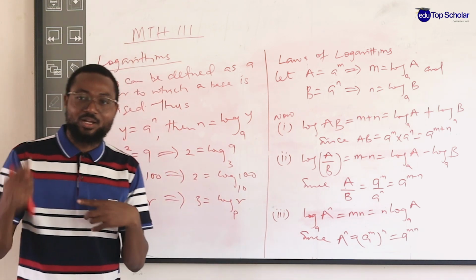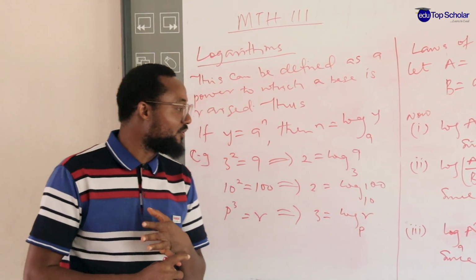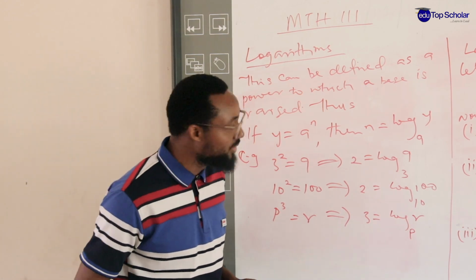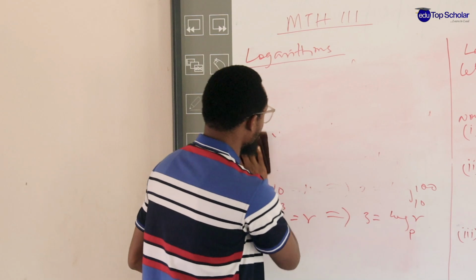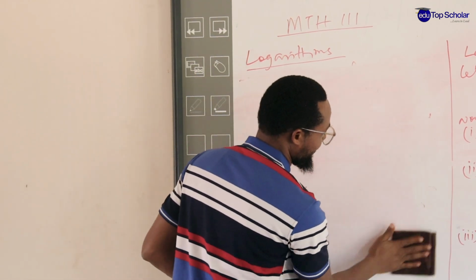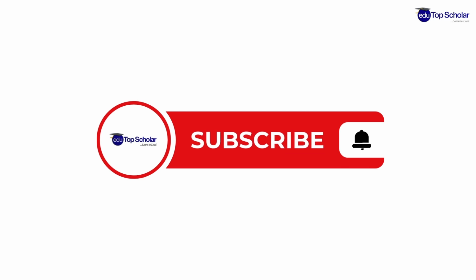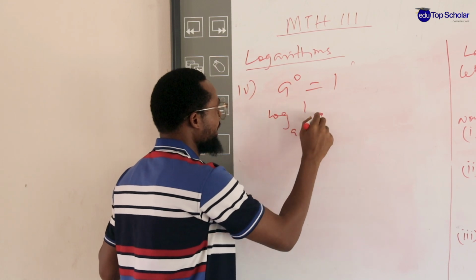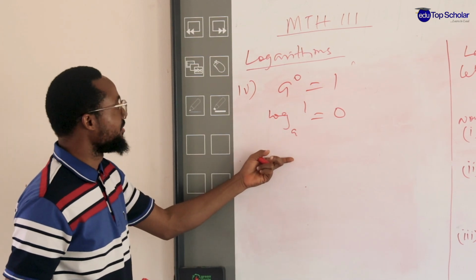We also have some transformational laws, such as the power of 0, the power of 1, logarithm of 1, and so on. I want to take those now as numbers 4, 5, and 6. Number 4: a raised to power 0 equals 1. Therefore, the logarithm of 1 to base a will give us 0, still relating to the definition.